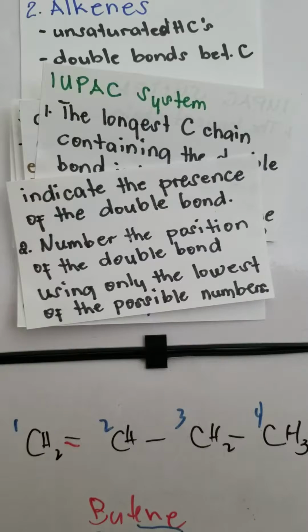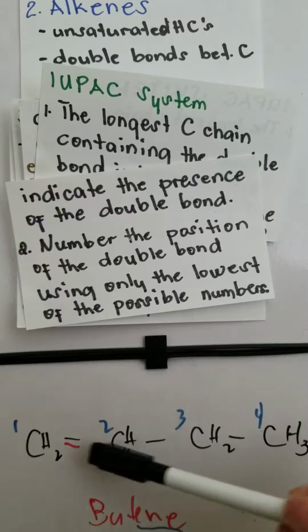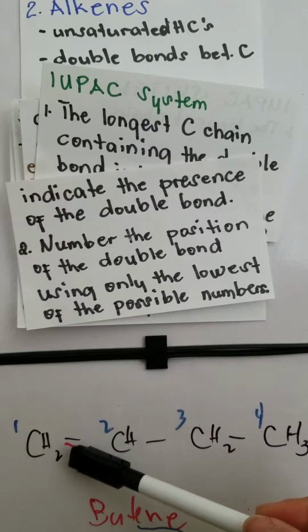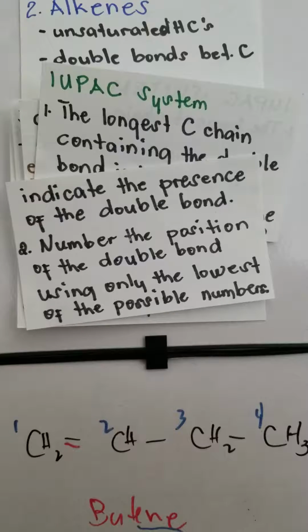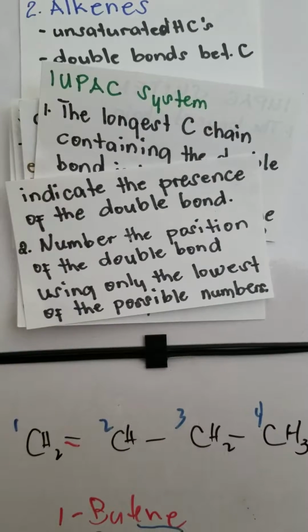The double bond is attached to the first carbon atom. Why the first carbon atom? Because 1 is lower than the number 2, right? So your double bond is always attached to the smaller number of the carbon atom, which is 1 in this case. So the name of the structure is 1-butene. That is under the second rule, okay?